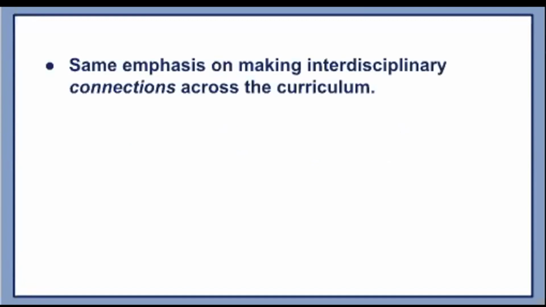There's the same emphasis on making interdisciplinary connections across the curriculum, and that means making links between the single subject units, links between the concepts, the context, and the content. And based on the discussions that I am aware of, this is actually going to be more and more the direction that IB goes in, making those interdisciplinary connections very strong between the single subject units.